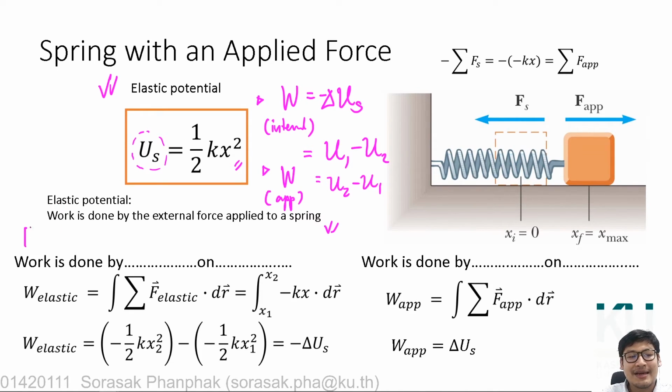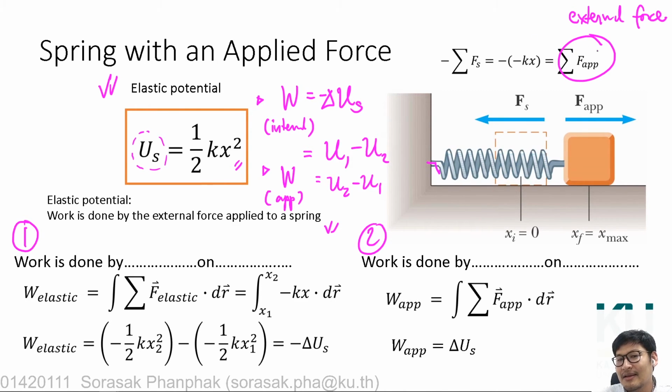So now let's sum up. If we have two different frames of view, this is the spring, right? This is the mass. If you talk about the spring, it does have the work done by the external force.